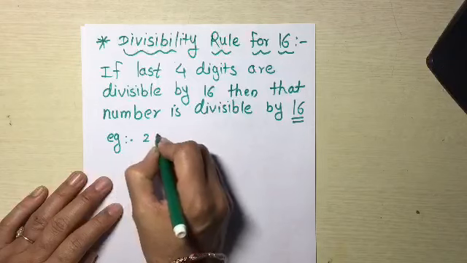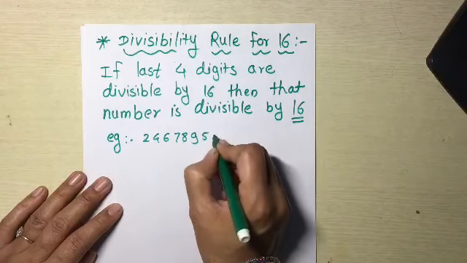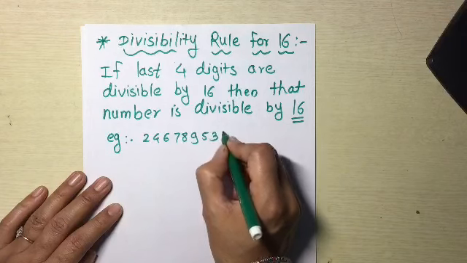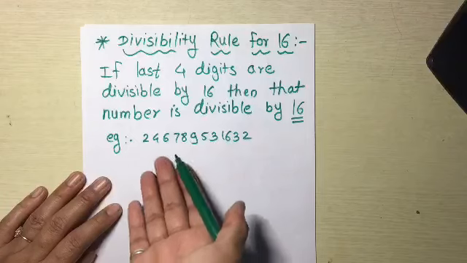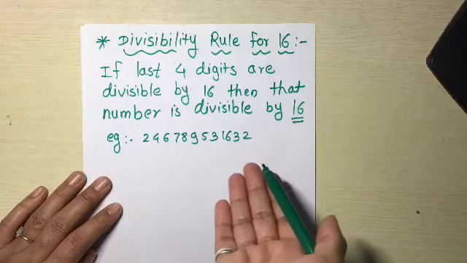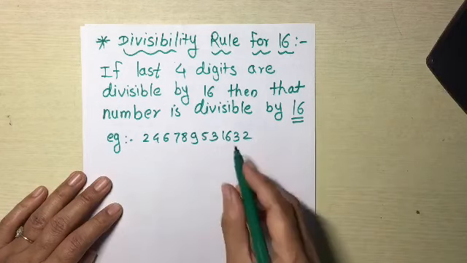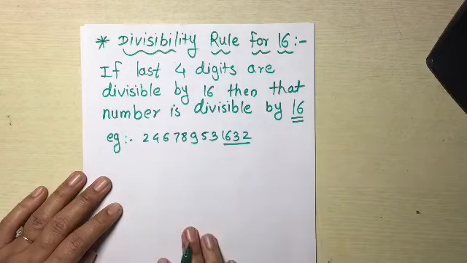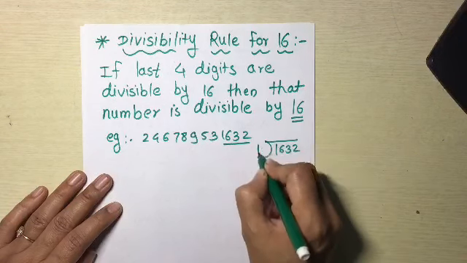See 2, 4, 6, 7, 8, 9, 5, 3, 1, 6, 3, 2, like this number. If I take this much bigger number and ask you to identify whether this number is divisible by 16 or not, just check the last 4 digits. See, we will divide here. 1632 by 16.